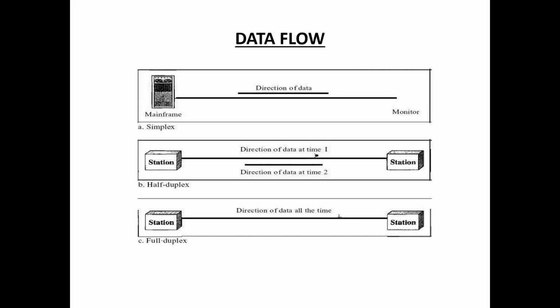In simplex mode, communication is unidirectional. Only one of the two devices on a link can transmit; the other can only receive.